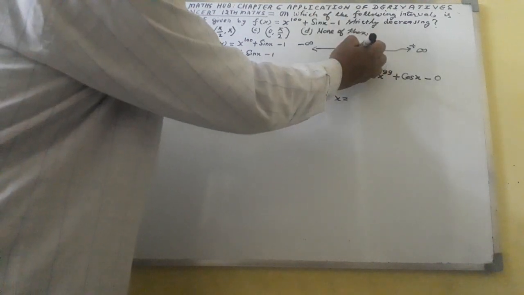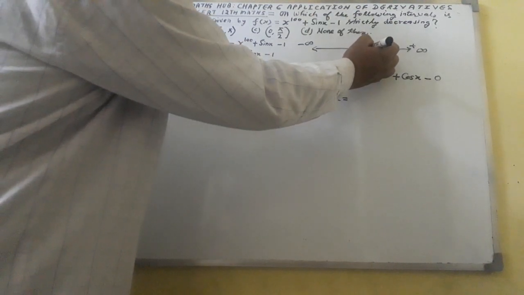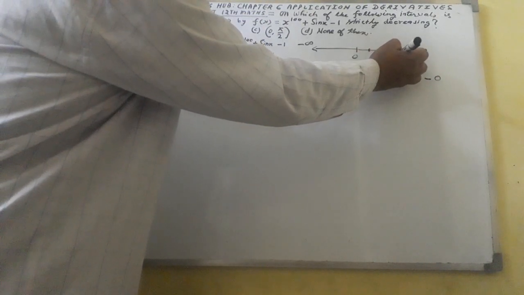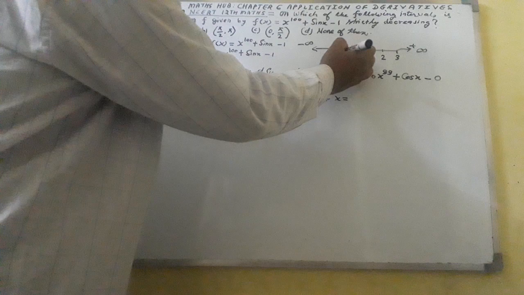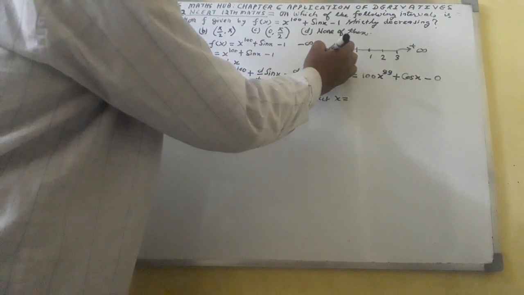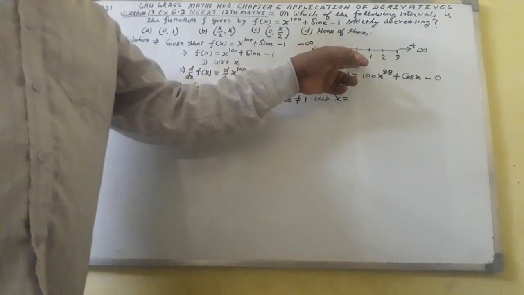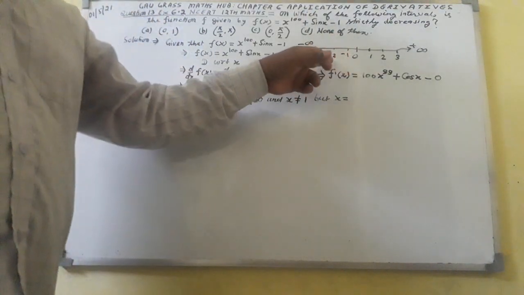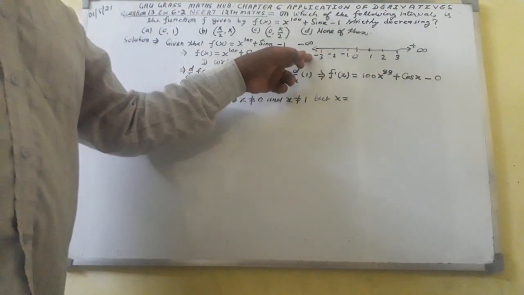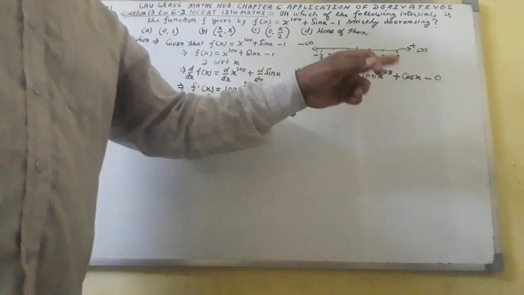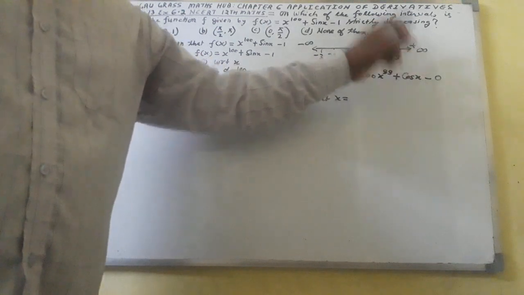If you take 0 here, then the number line comes out to be 1, 2, 3, and on the other side minus 1, minus 2, minus 3. All these are integers. Minus 1, minus 2, minus 3 and so on are negative integers, and 1, 2, 3 are positive integers.